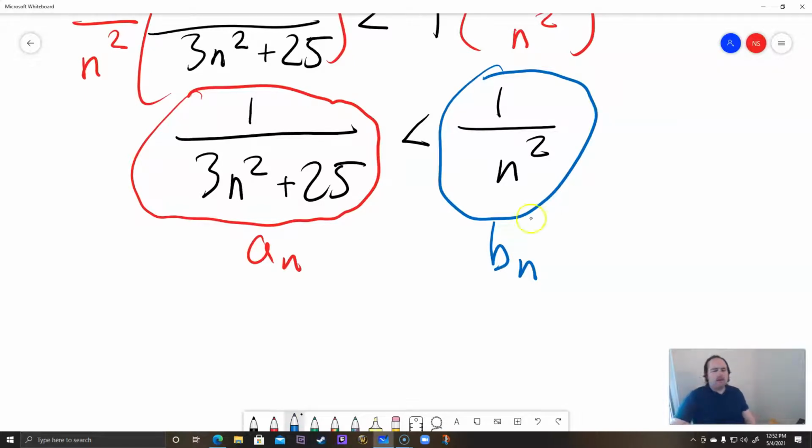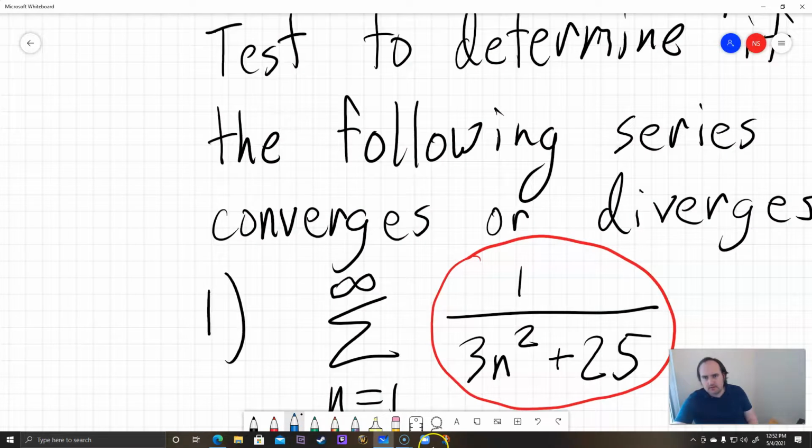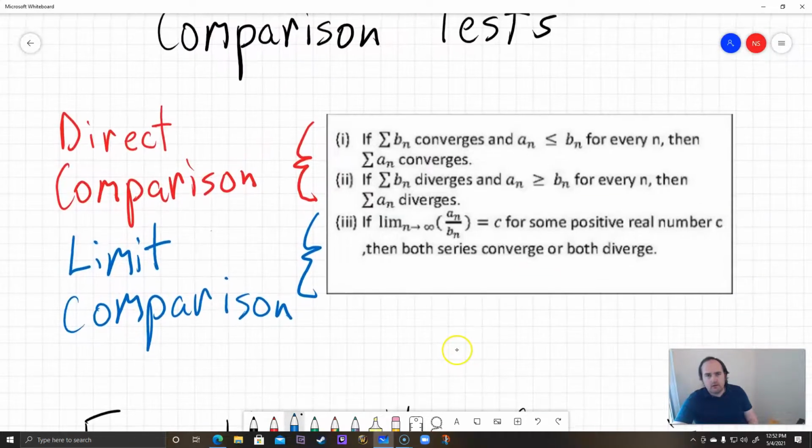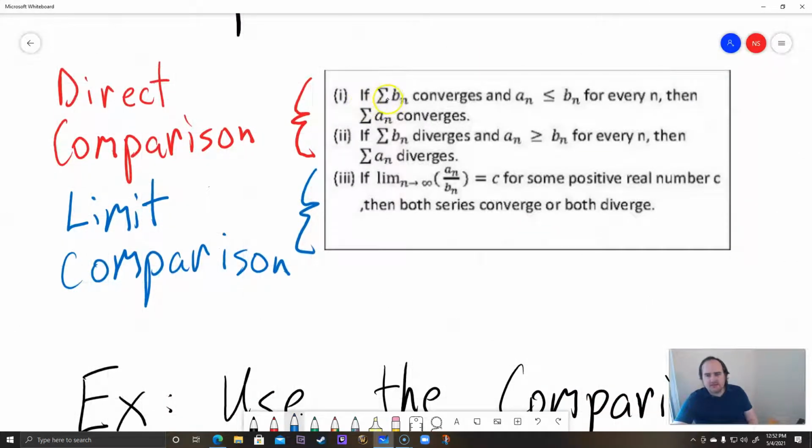Okay, and if a_n is less than b_n, that's the same as saying a_n is less than or equal to b_n, because if it's less than, it's also less than or equal. Same thing. So what we can do is go back up to our direct comparison test. The direct comparison test says if the sum of b_n converges and a_n is less than or equal to b_n for every n, then the sum of a_n converges.